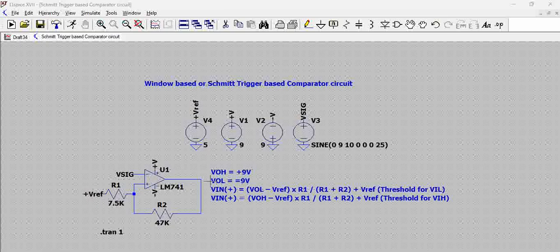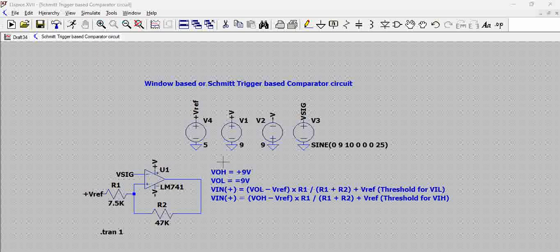Now the major issue with that type of comparator circuit is that whenever there is a small fluctuation near the threshold, that means near the Vref, with the V signal around this Vref level, there will be continuous fluctuation at the output.